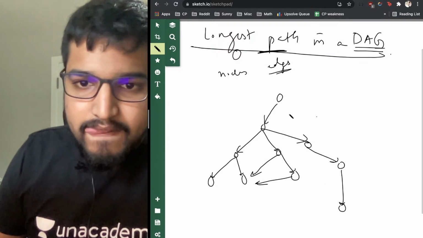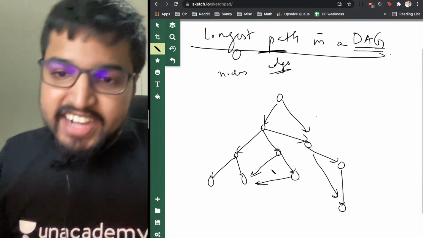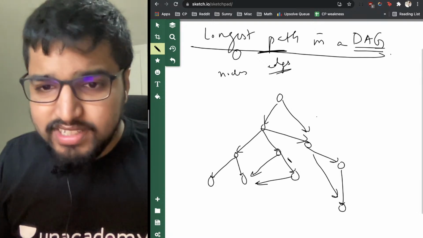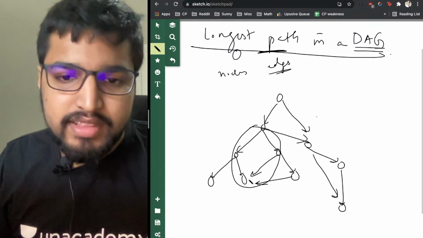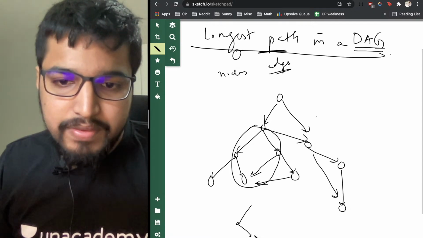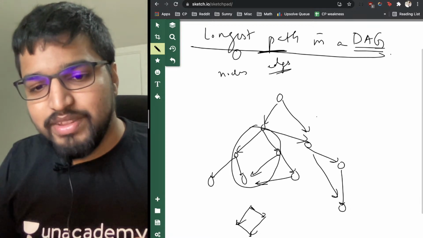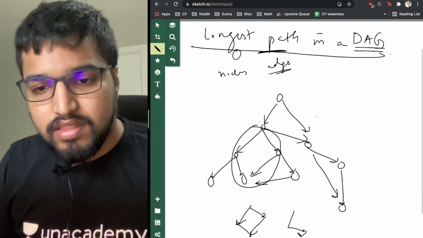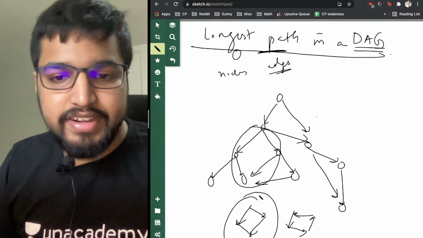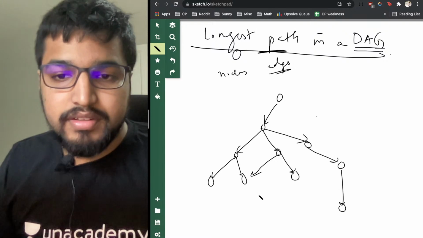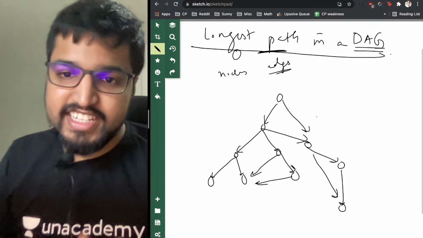Note that this is a directed acyclic graph. There are no cycles here. You might ask, isn't this a cycle? No, it's not. This is how it looks. Now you tell me, is it a cycle? A cycle should be like this. This is not a cycle. So this is a directed acyclic graph.